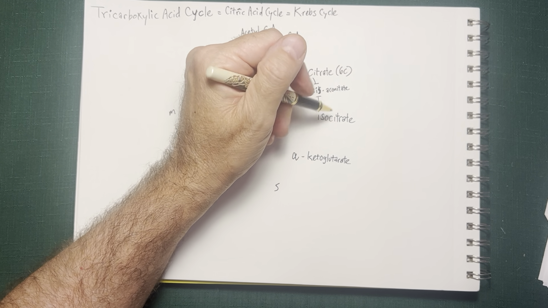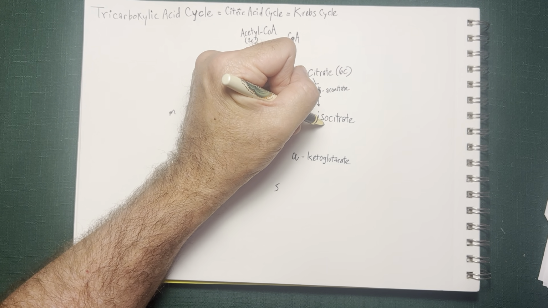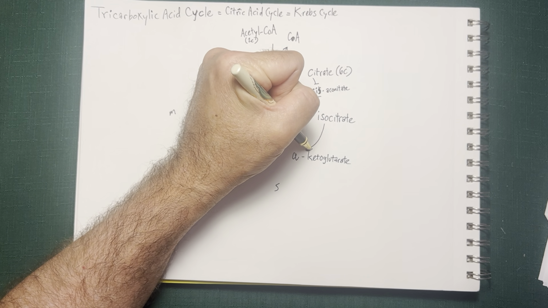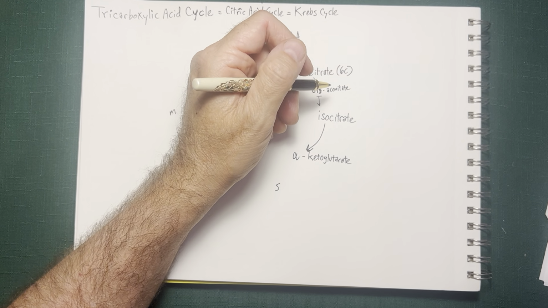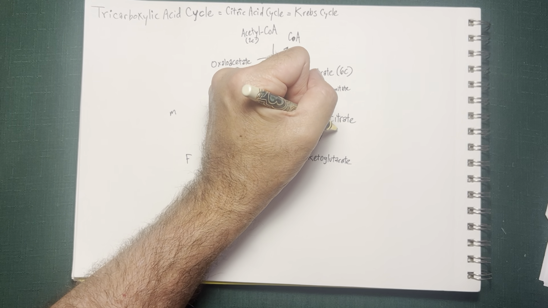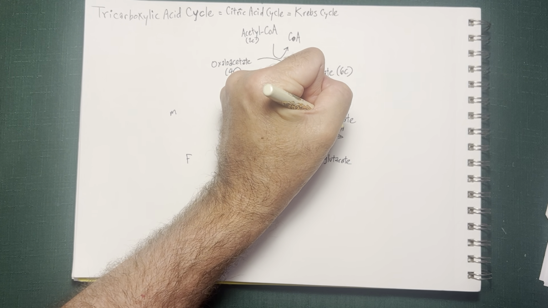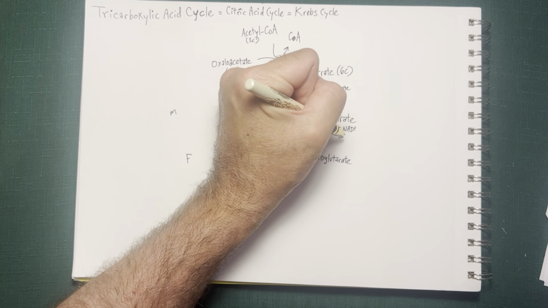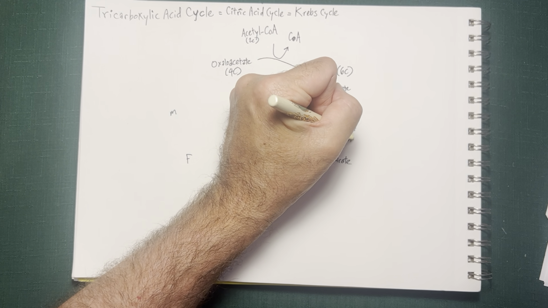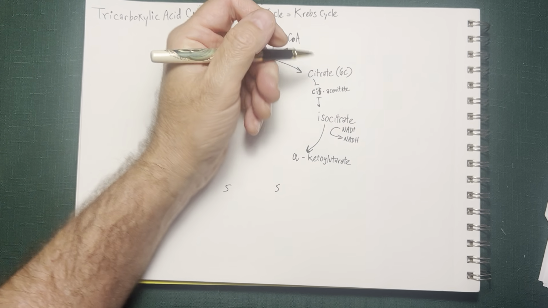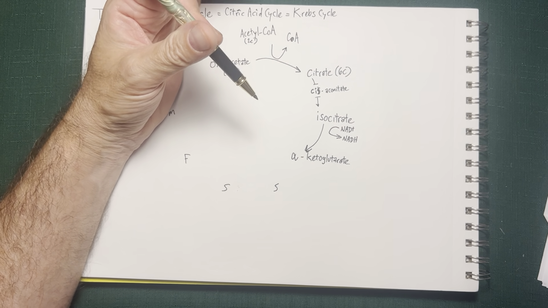All right, so isocitrate is going to be converted to alpha ketoglutarate. And when we do that, two important things happen in this step. One is we harvest some energy, releasing electrons in the form of NADH.